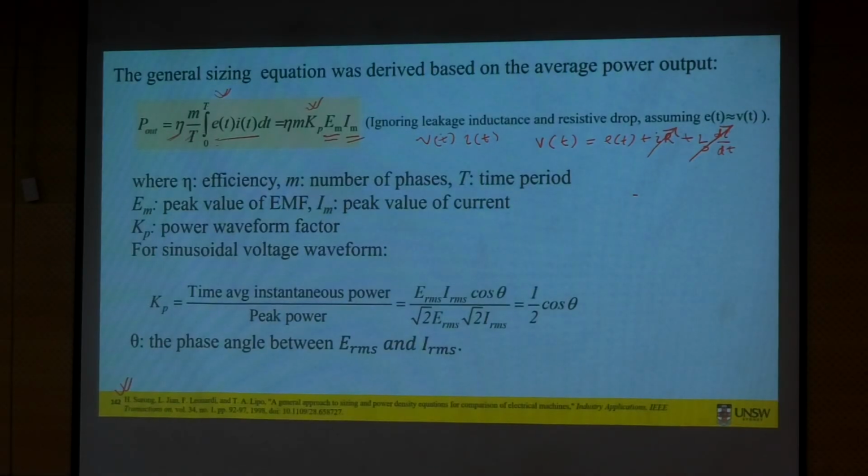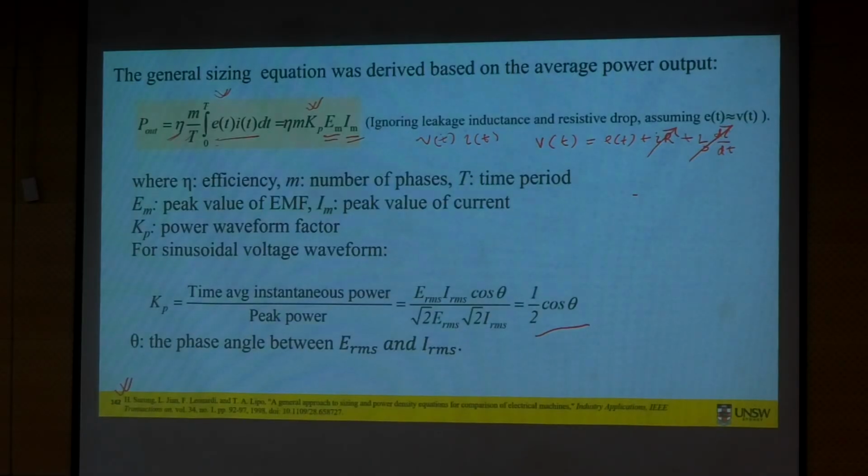So what is this factor? This factor can be determined outside of this integration actually. Although by maths it will be the same as what we are getting here, we can do it outside. So Kp is actually nothing but your average instantaneous power over peak power, the ratio of those two, okay?